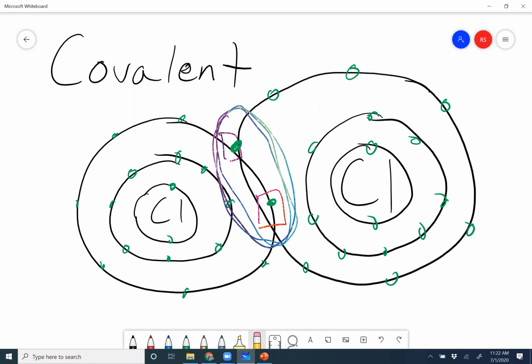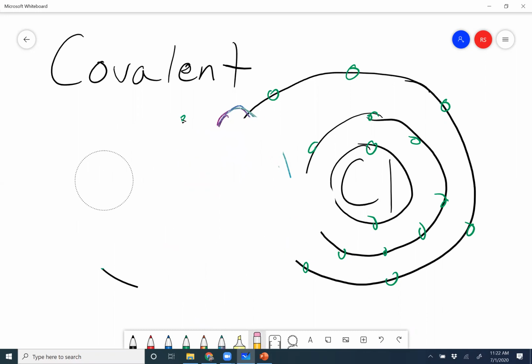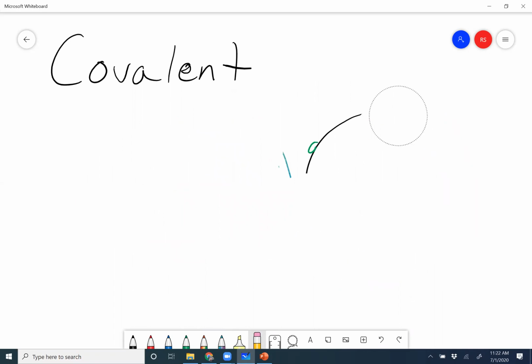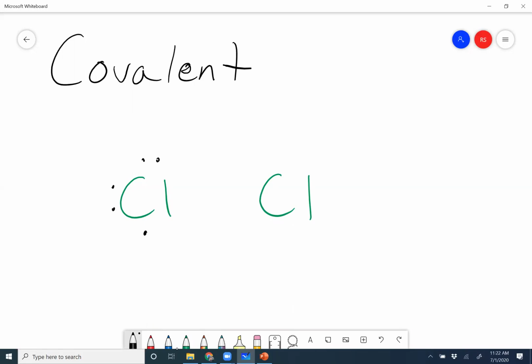Now, it's real ugly when you try and do it with the orbital diagrams, but it's really easy to do with the dot diagram. So for instance, if we have chlorine and we have another chlorine coming in, this guy has 7 valence electrons, and this guy has 7 valence electrons.